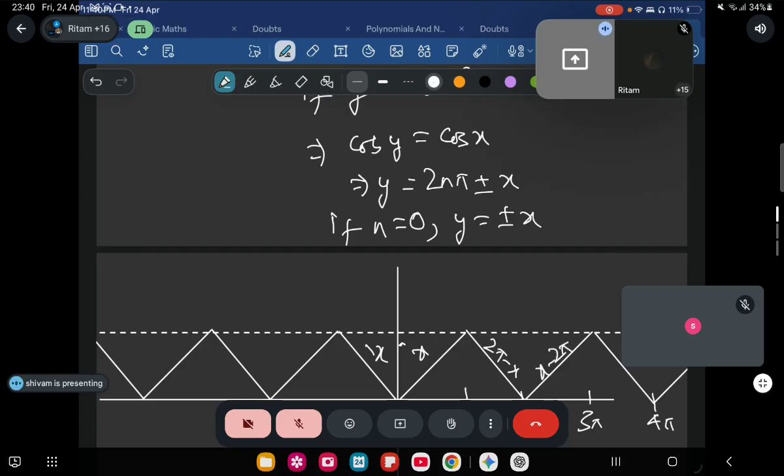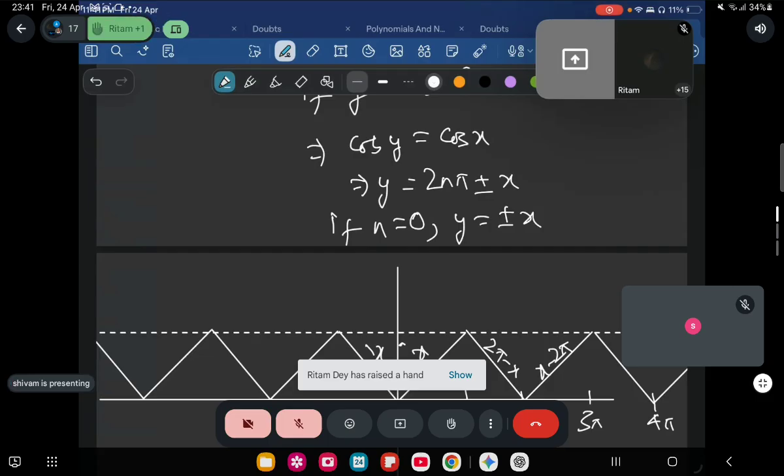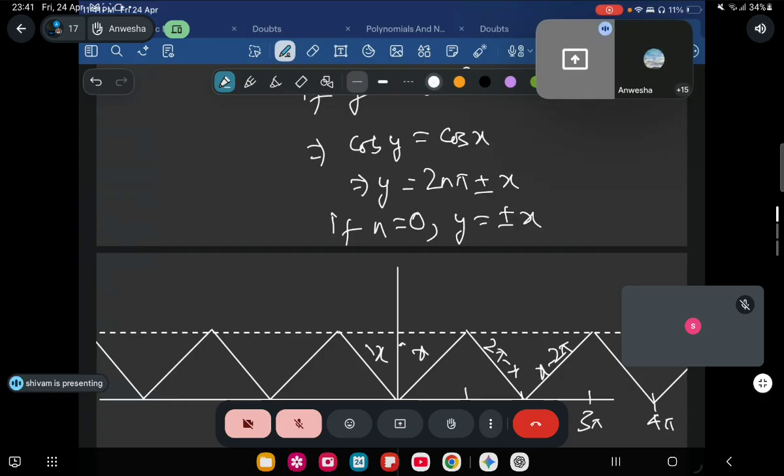What is the next one after x minus 2 pi? Anvesha, tell me. 4 pi minus x. 4 pi minus x is absolutely correct.